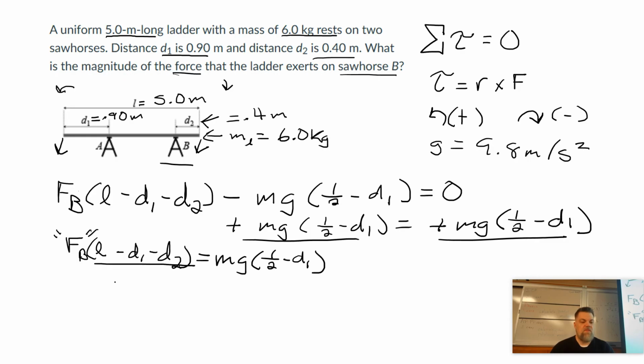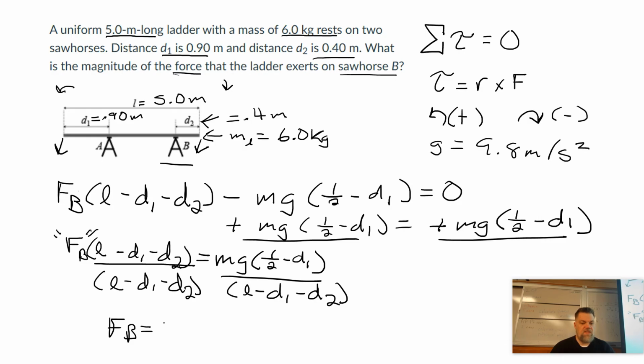So I'm just going to divide this side by L minus D1 minus D2, and the same thing over here. FB is equal to mg times 1/2 minus D1 all over L minus D1 minus D2.